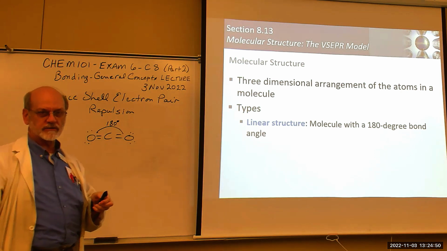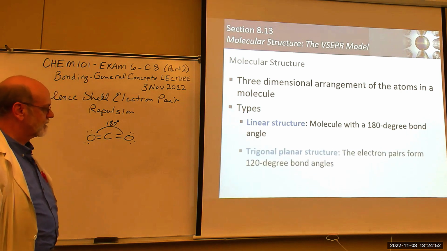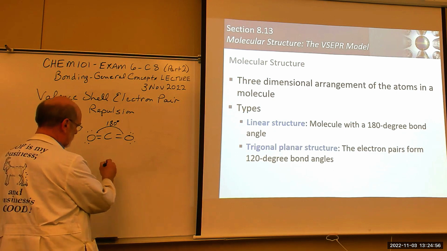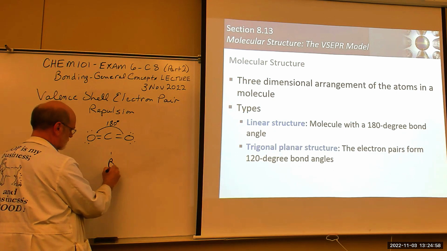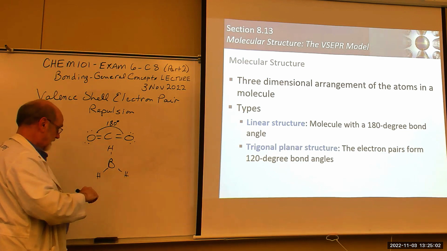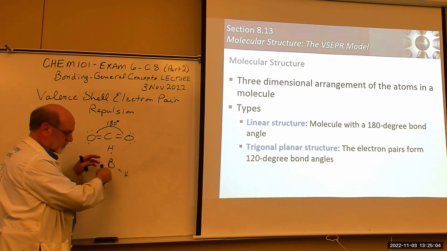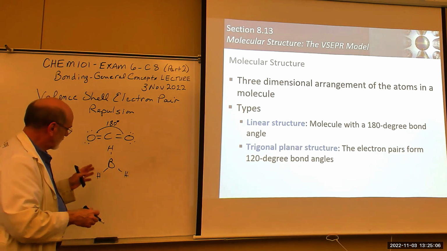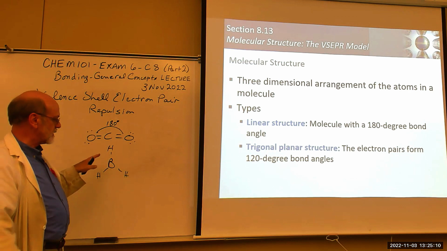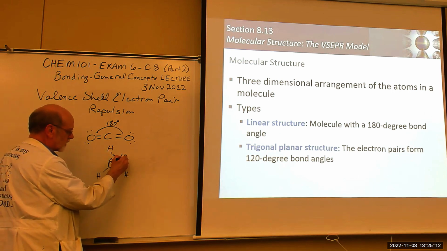That's a linear structure. Trigonal planar structure: if you have 3, like this one, boron trihydride, there are no lone pair electrons in there. We don't have to account for them. This would be trigonal planar. That is the most stable, and the bond angle is 120 degrees.